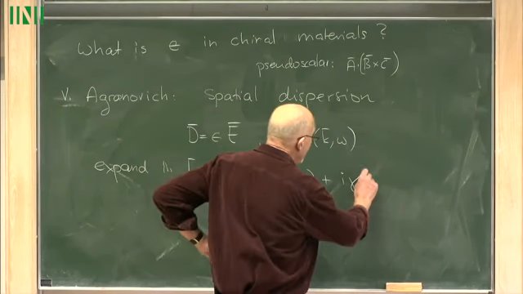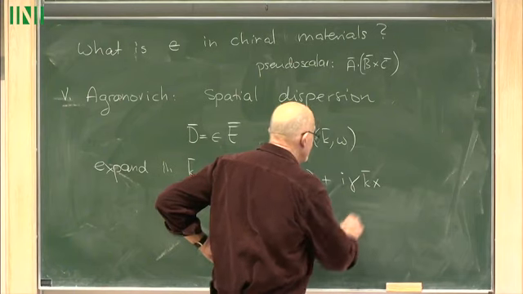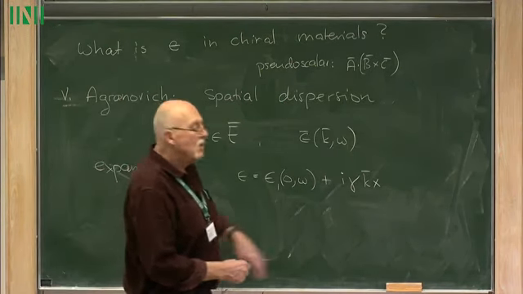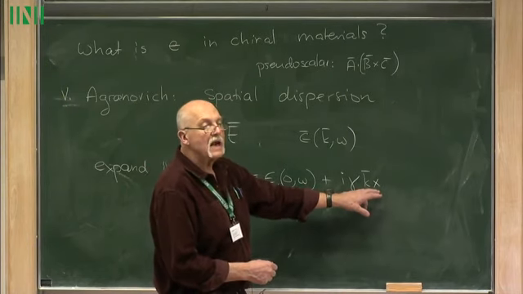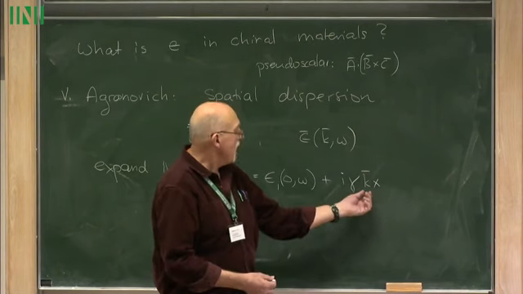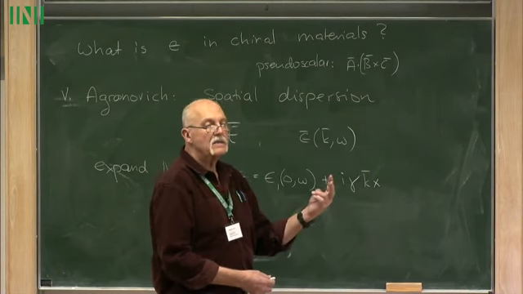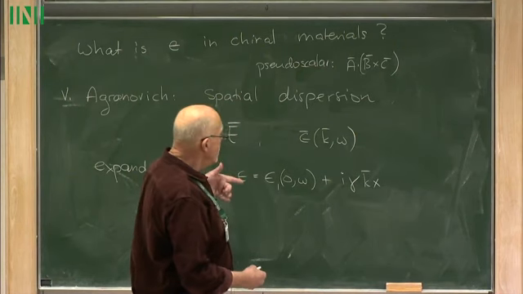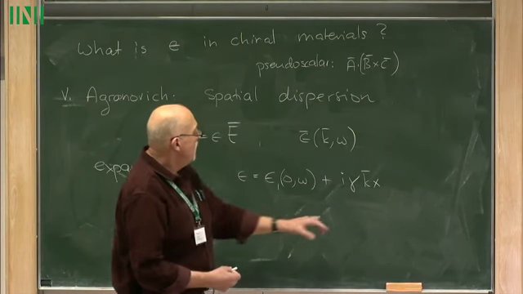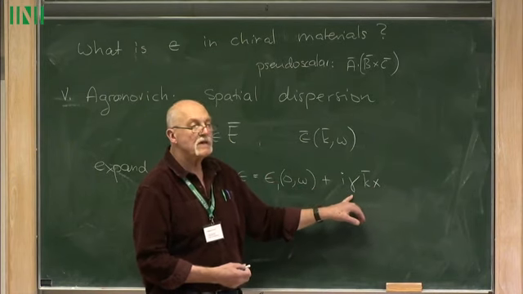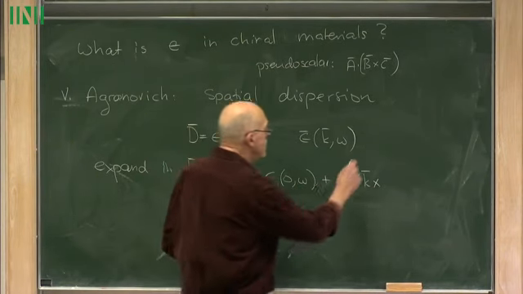And then we have k cross. Right? So this is a second rank tensor. We can write it with Levi-Civita. Contracting on one index, we get a second rank tensor. And in order for this to be proper, because Levi-Civita is pseudo, this must be a pseudo-scalar. Right?